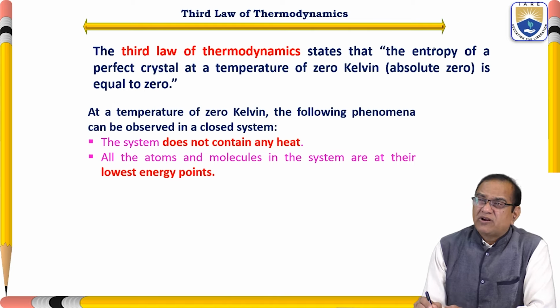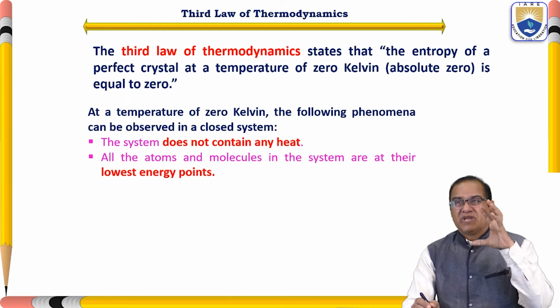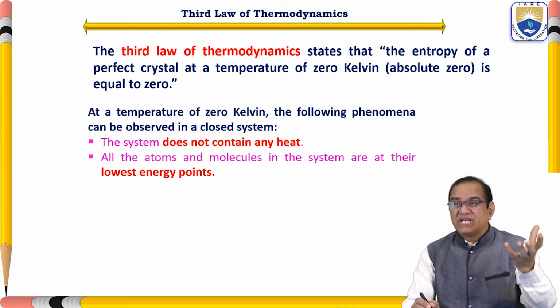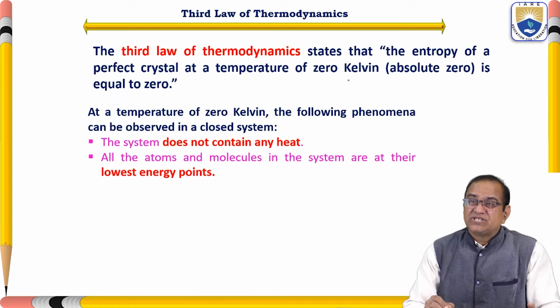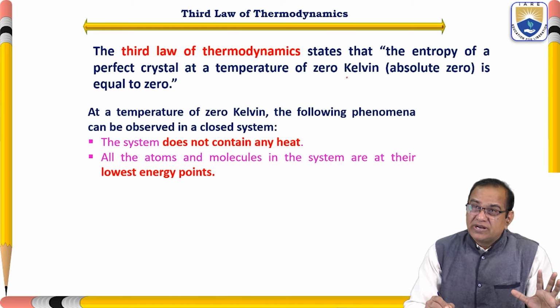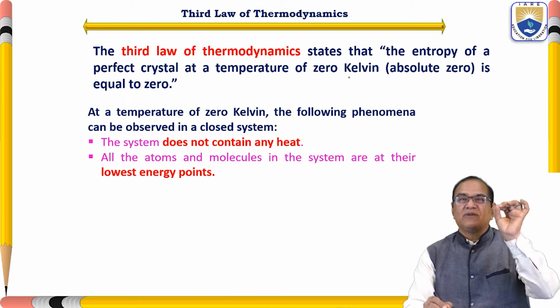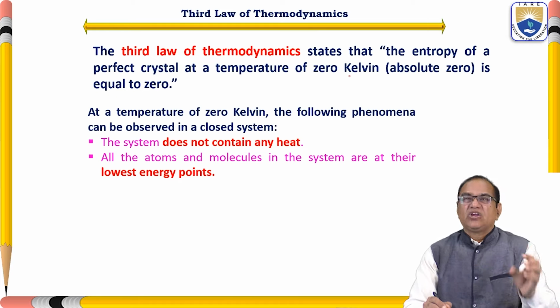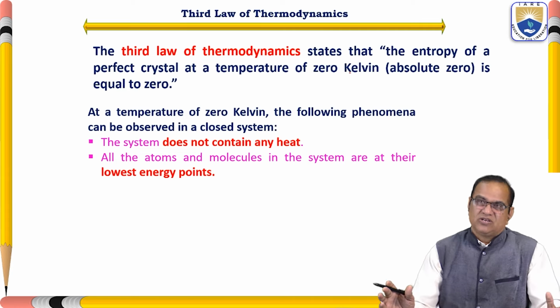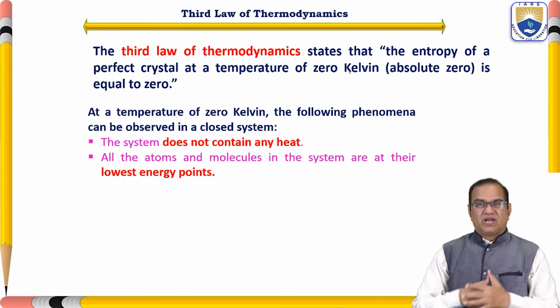Entropy means the losses, the chaos, the randomness. Only for a perfect crystal at absolute zero will you have zero entropy. Otherwise, in any condition, you will have some losses. So that is the third law of thermodynamics.